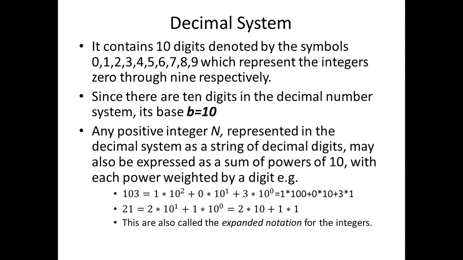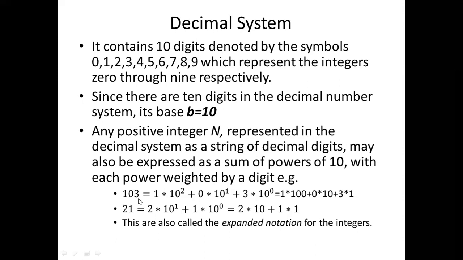Any positive integer n represented in the decimal system as a string of decimal digits may also be expressed as a sum of powers of 10, with each power weighted by a digit. For instance, let's suppose we have the number 103.